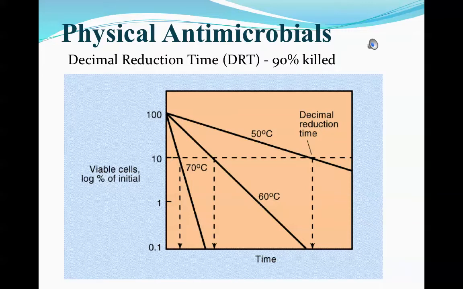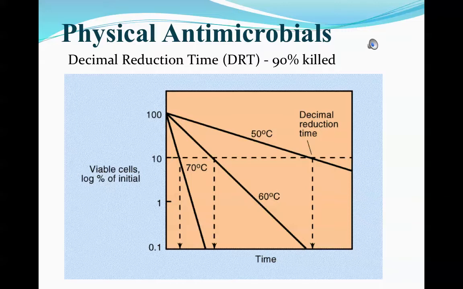So we would take our 24-hour culture at a neutral pH of bacteria, we'd expose it to varying temperatures, and determine what temperature would be needed to reduce that population to essentially only 10% alive or 10% viable after that period of time.